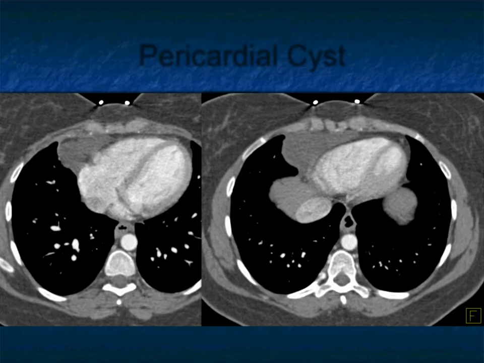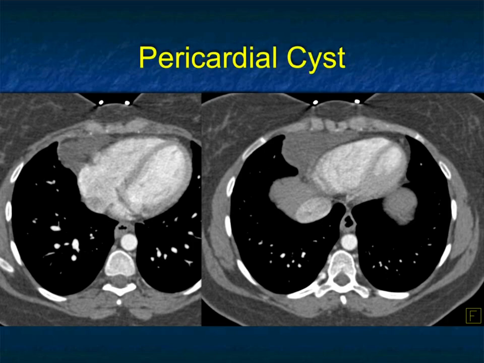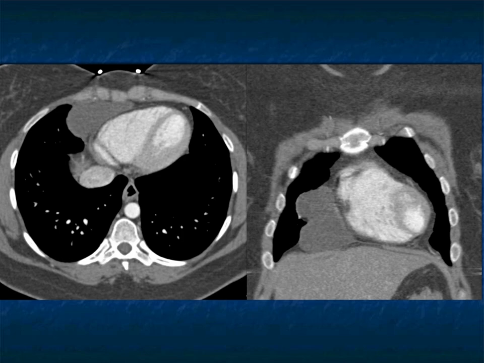Here's one classic in the cardiophrenic angle on the right side, classic pericardial cyst, but it's pretty large, coming all the way upward. Again, you could think why someone might consider a bronchogenic cyst. Bronchogenic cysts' most common locations are either the right paratracheal region or the subcarinal zone. This one's pretty large.